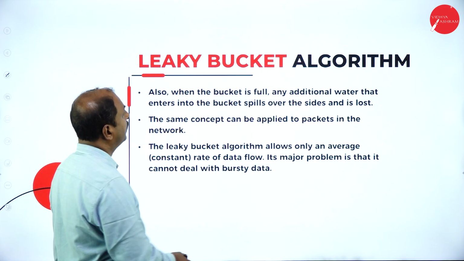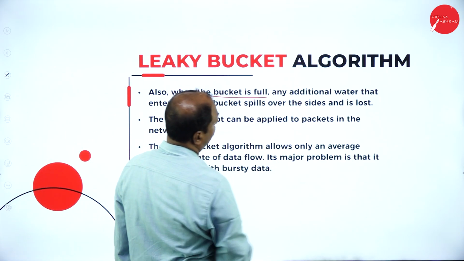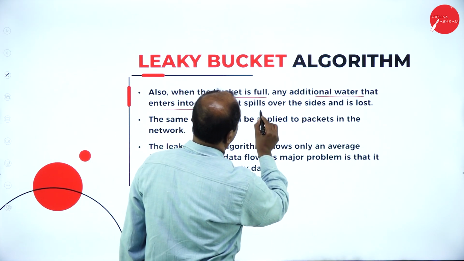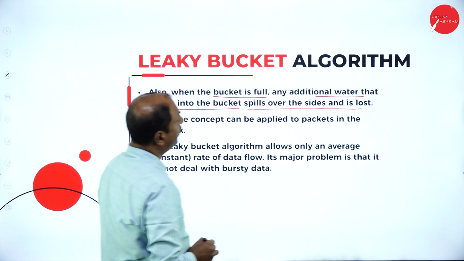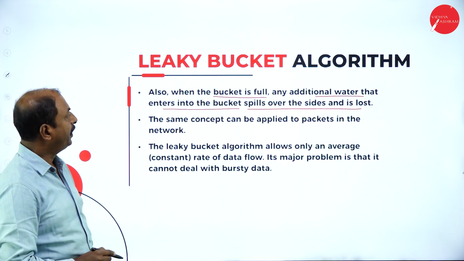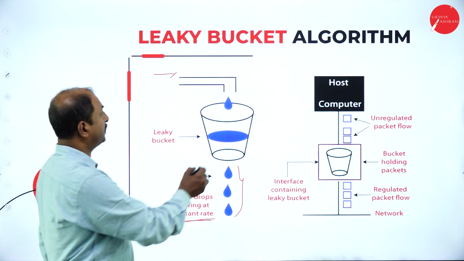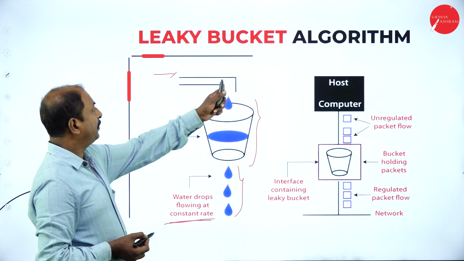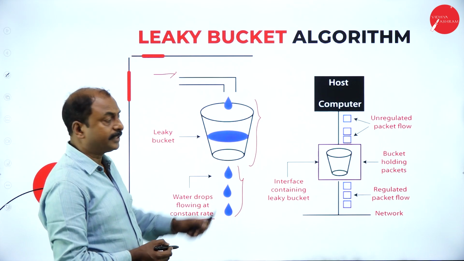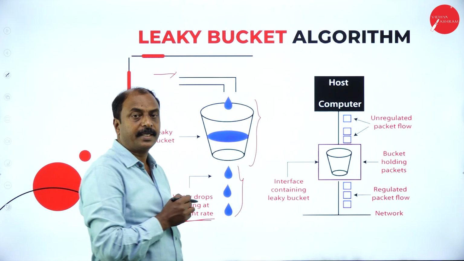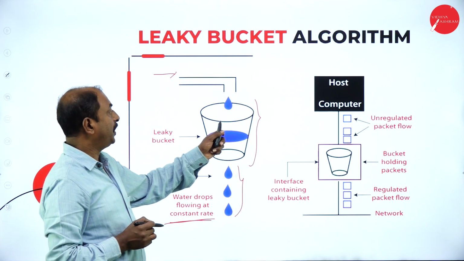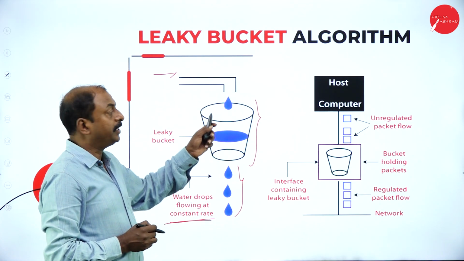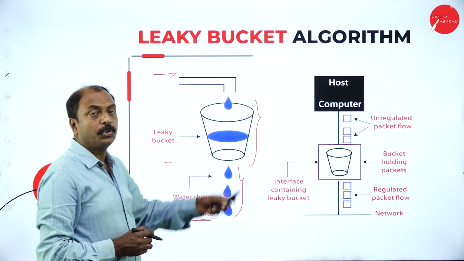Now in the next slide: when the bucket is full, any additional water that enters the bucket spills over the sides and is lost. Obviously, this bucket has a capacity, so any incoming water will fill it up to that capacity. Once it reaches the capacity, any water flowing in will spill out of the bucket and be wasted.